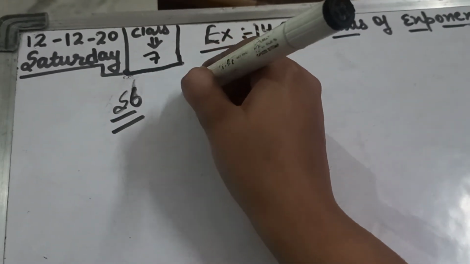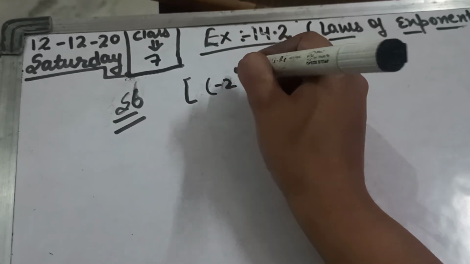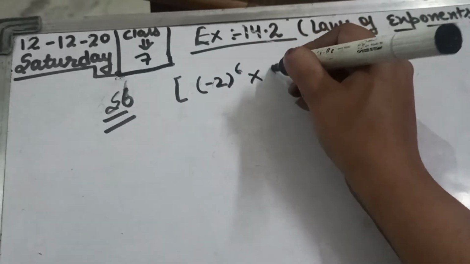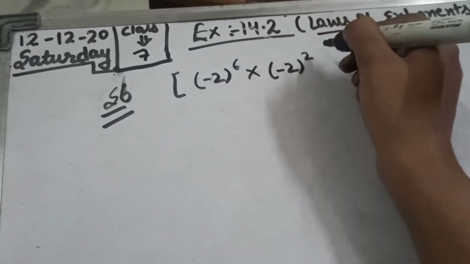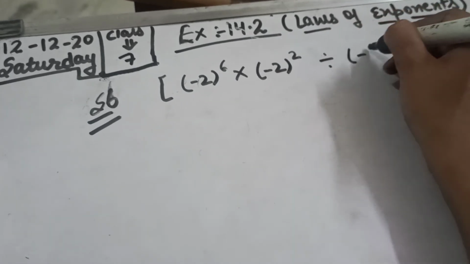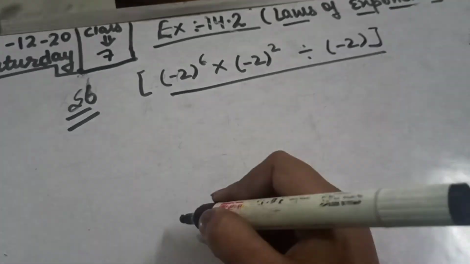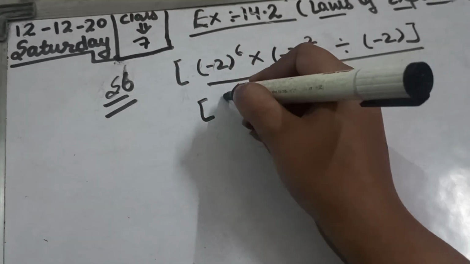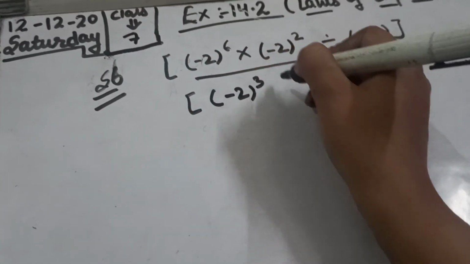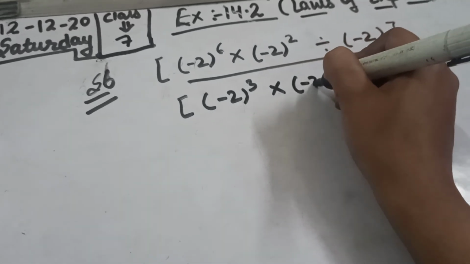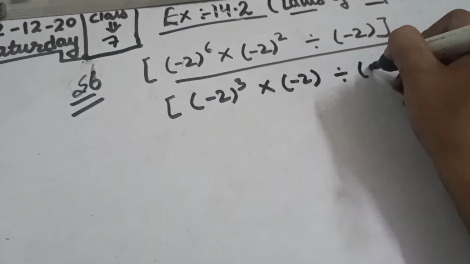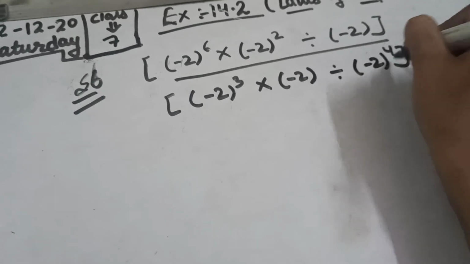Here, minus 2 to the power 6 multiply minus 2 to the power 2 divide by minus 2, again big bracket close, again minus 2 the power 3 multiply minus 2 divide by minus 2 the power 4.